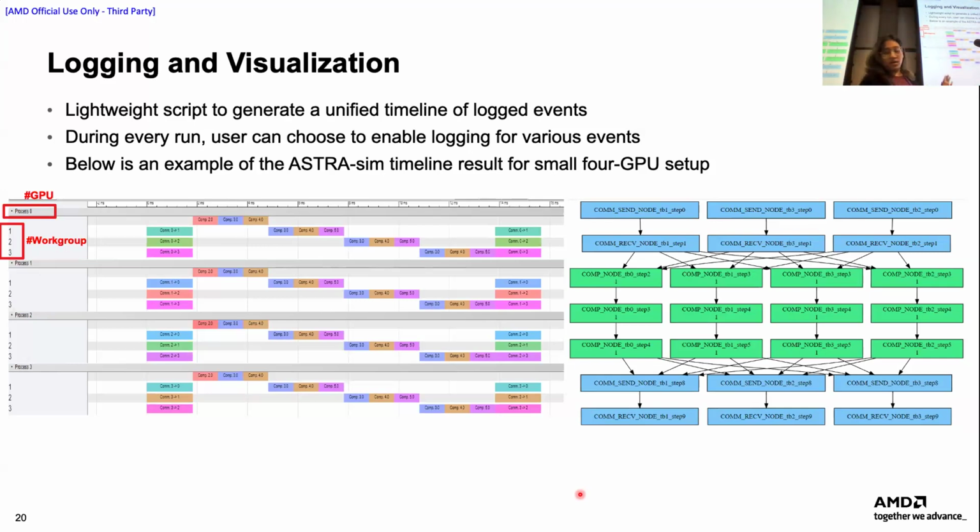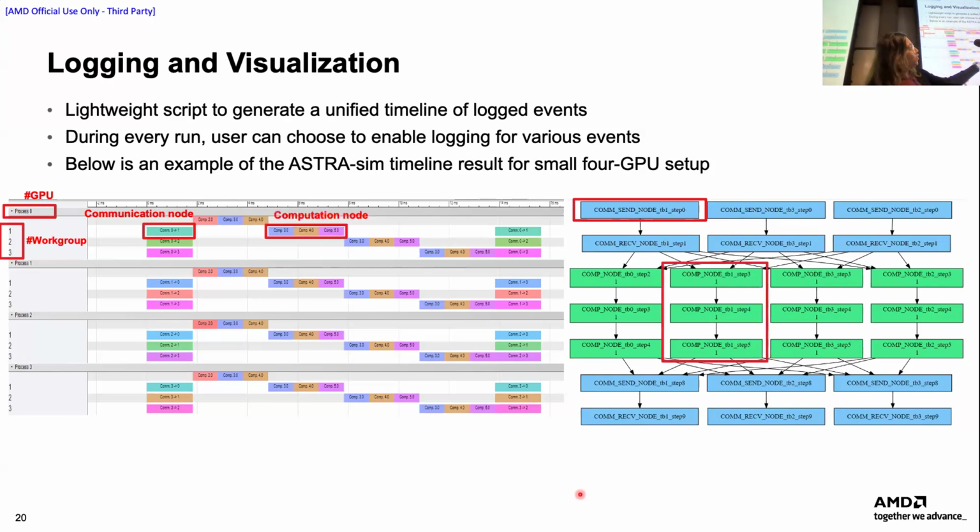Just to give you a sense of why this visualization is effective: if you look on your left-hand side, there are comp send nodes, and it looks like everything is being sent in parallel.